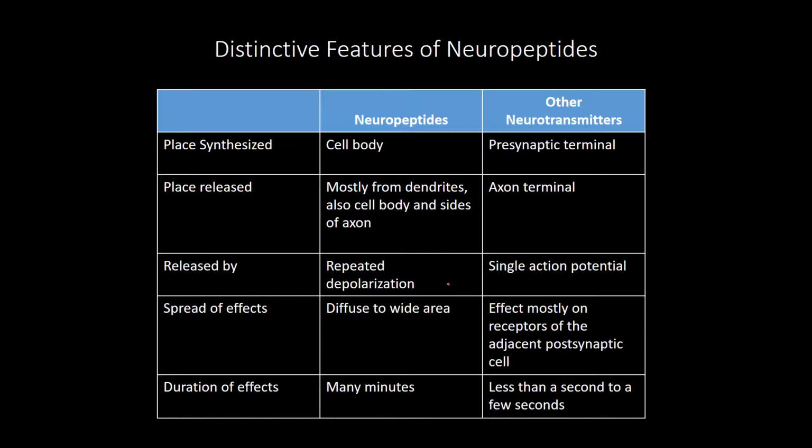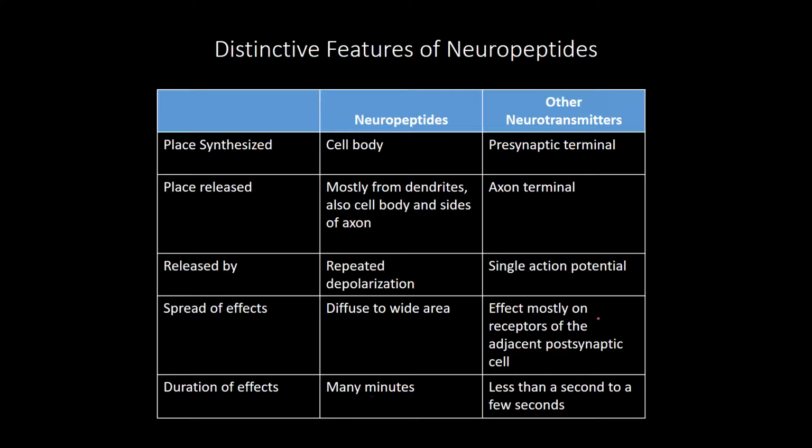Neuropeptides, though, one action potential won't do it. We need repeated depolarization, and that's going to cause the release from the cell body. Neuropeptides are going to diffuse to a wide area and have an effect over many minutes.